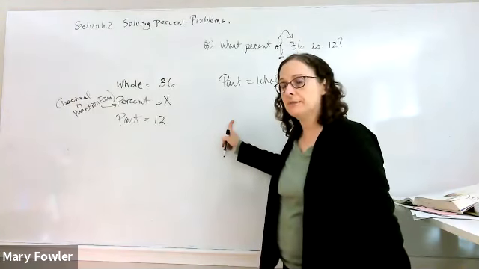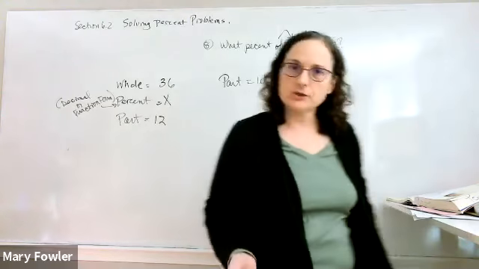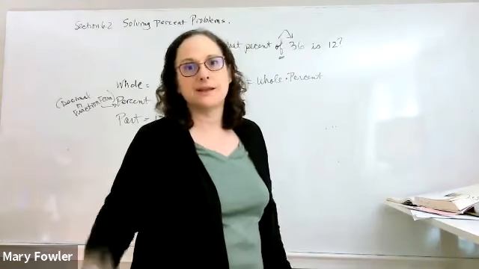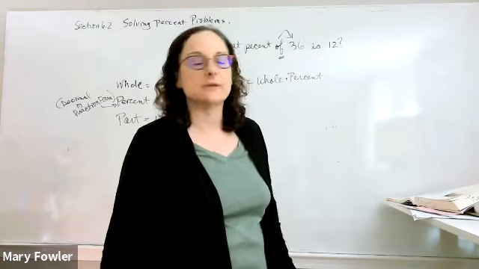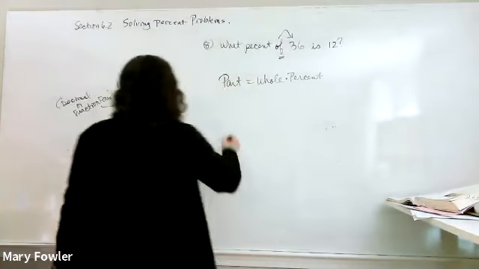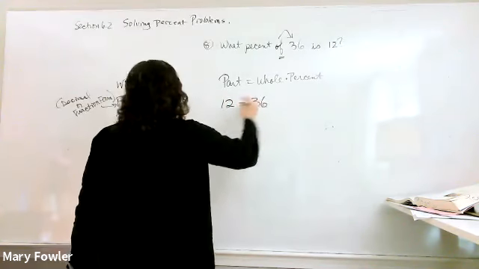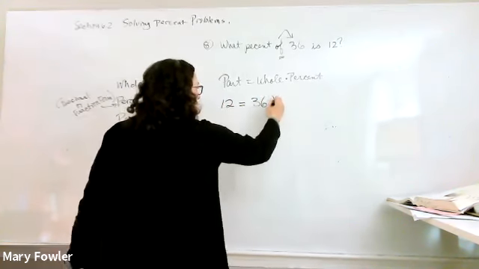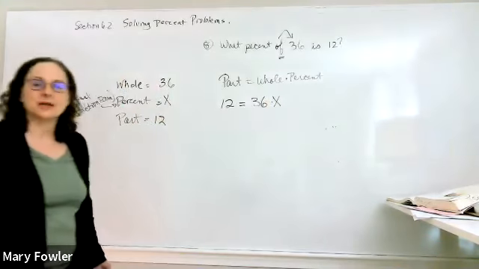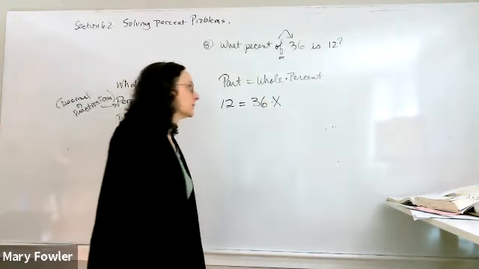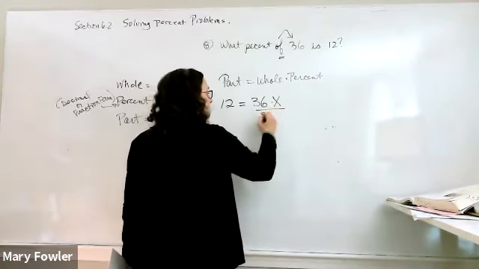So let's substitute in, and then we'll do our calculations and at the end, of course, translate to percent form. So part is 12, whole is 36, and percent is the unknown, so we have that variable X for it. We're going to divide both sides by 36.